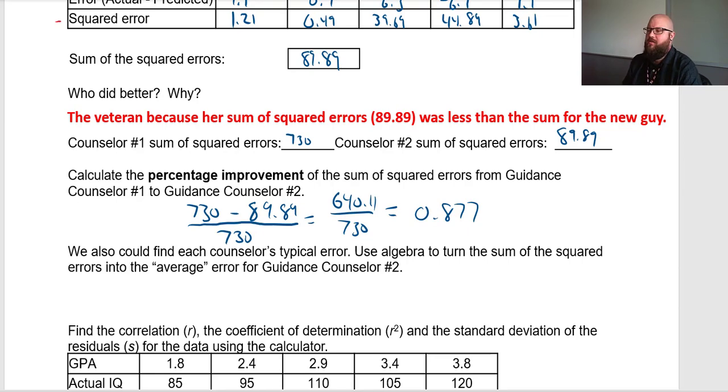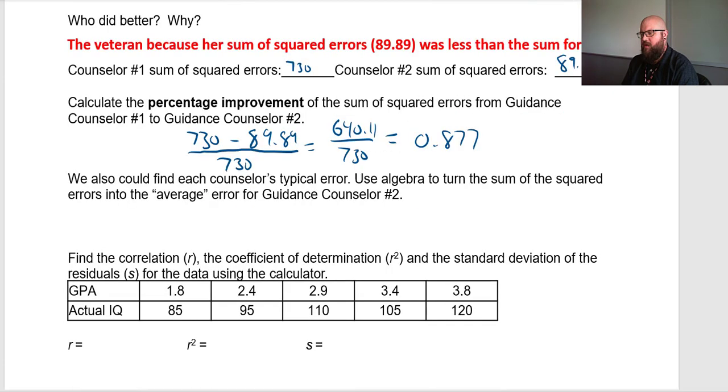Also could find each counselor's typical error. So using algebra to turn the sum of the squared errors into the average error for guidance counselor number 2. Squared errors was 89.89. And how many kids did he have? He had 5, so we divided by 5. What's the other trick here?